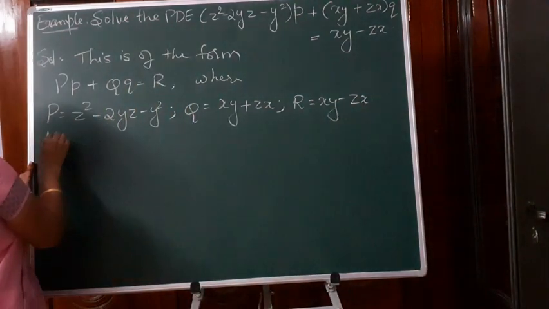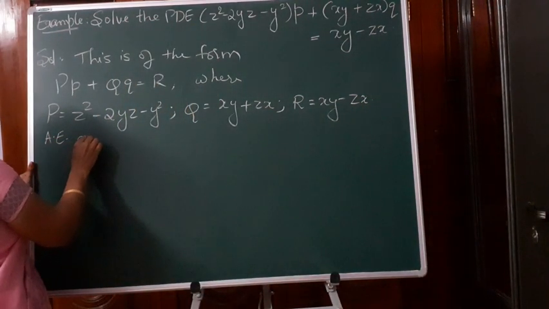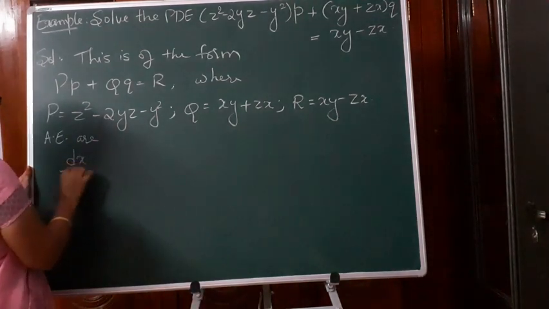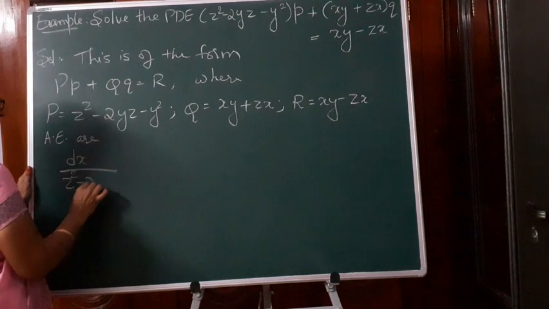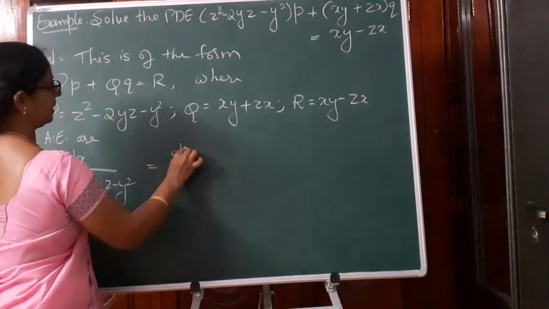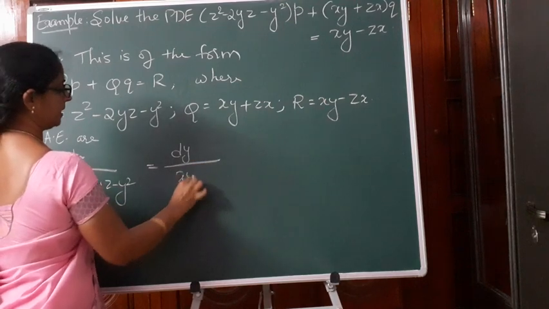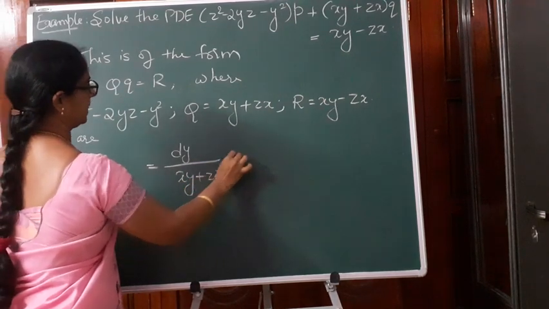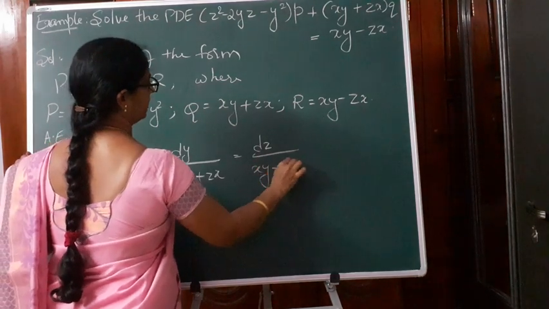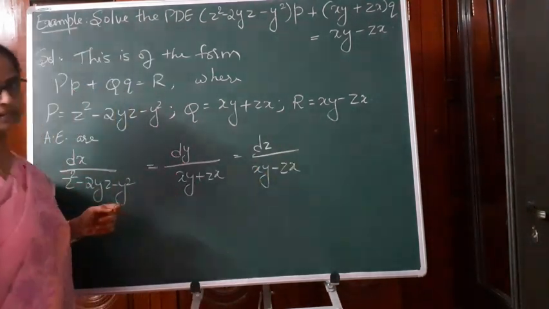Now we consider the auxiliary equation. The auxiliary equations are dx by P, that is dx by z square minus 2yz minus y square, is equal to dy by Q, that is xy plus zx, is equal to dz by R, that is xy minus zx.